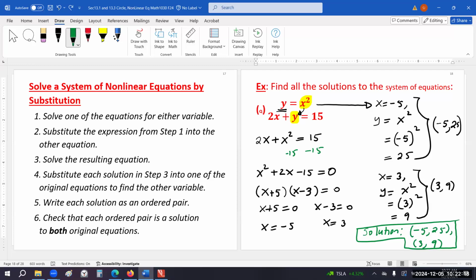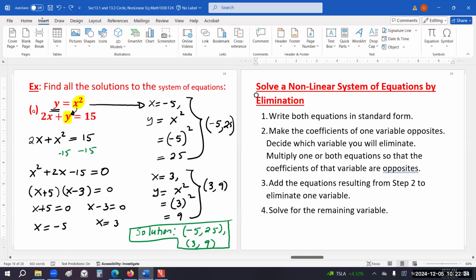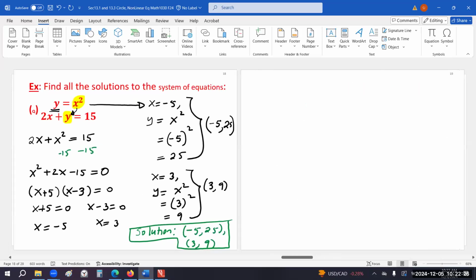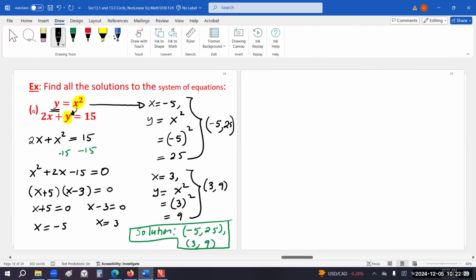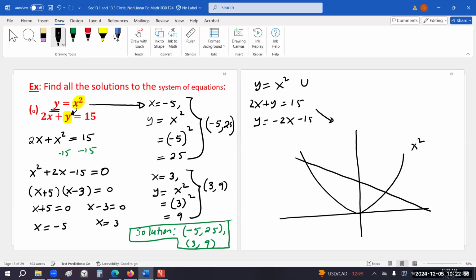If you want to see visually what is happening, I can show you their graph. y equals x squared is a parabola, and 2x plus y equals 15 means y is negative 2x plus 15. It's a line that is going downward. So we have a parabola here and another line that is going down.